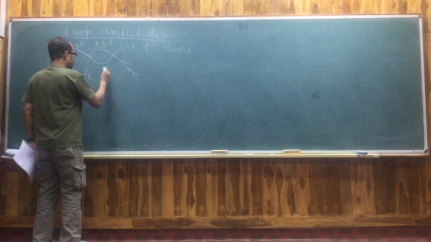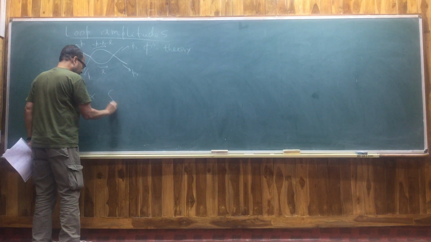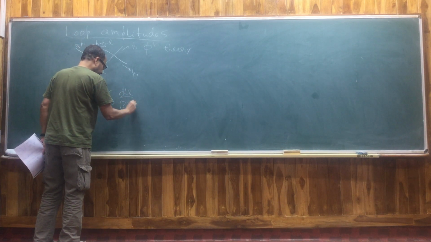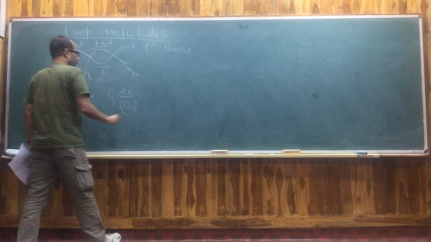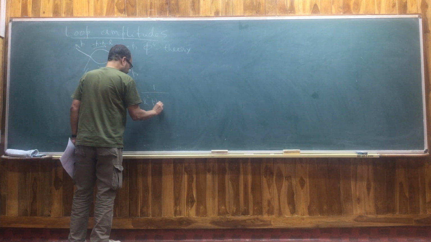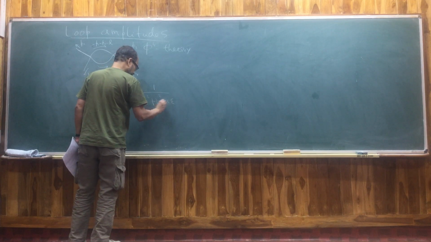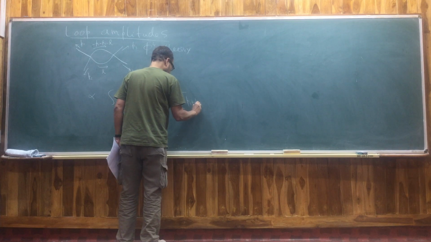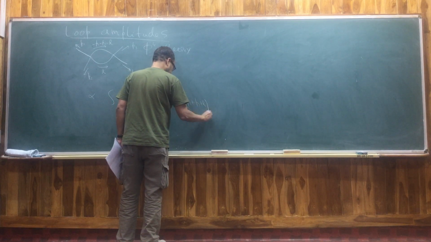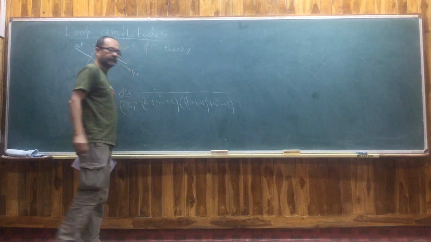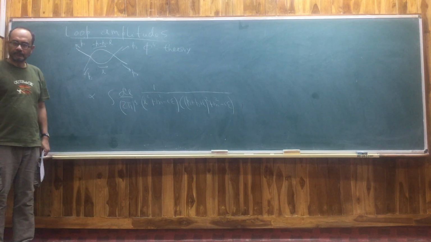So this one is proportional to an integral of the following form. We have d^4L over (2π)^4, 1 over (L² + M² − iε), and 1 over ((P1 + P2 + L)² + M²).